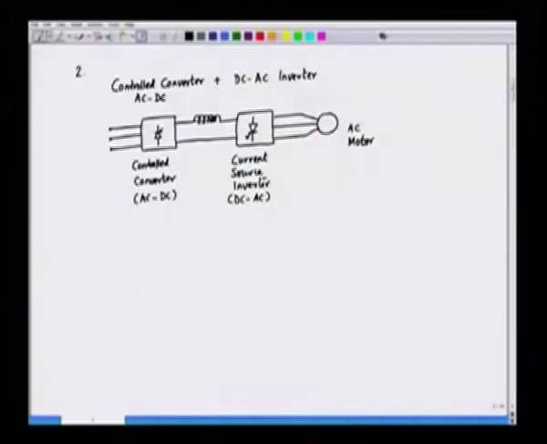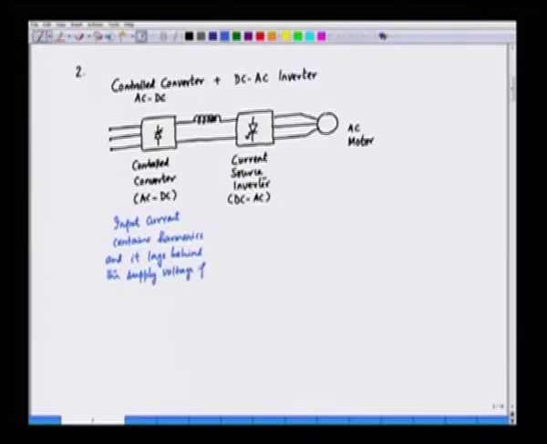So, here the input current contains harmonics, and it lags behind the supply voltage for a finite triggering angle alpha.